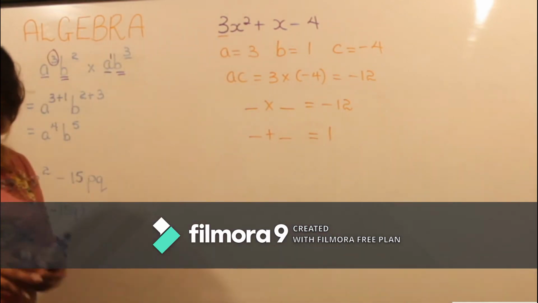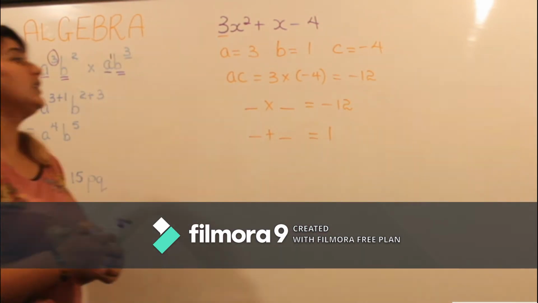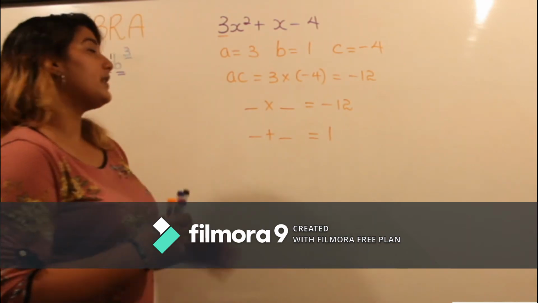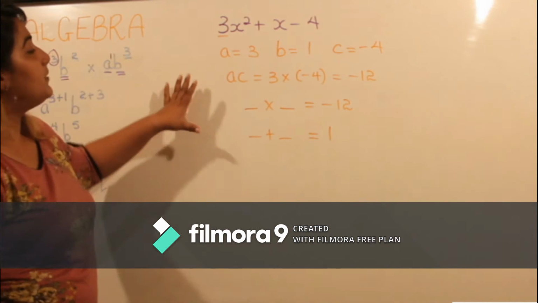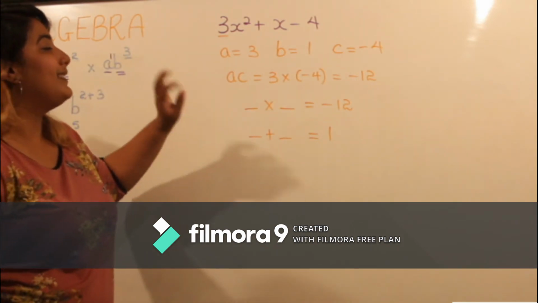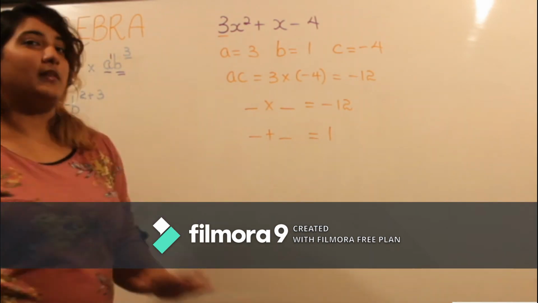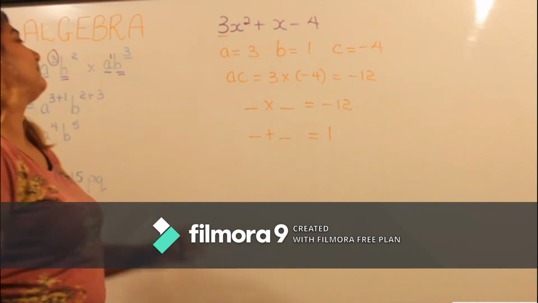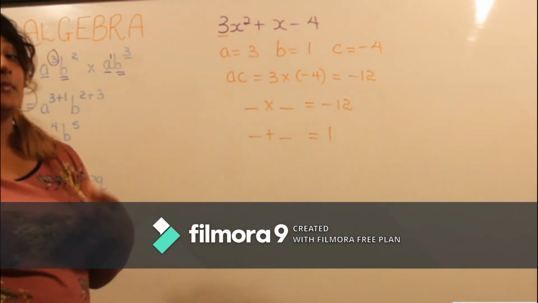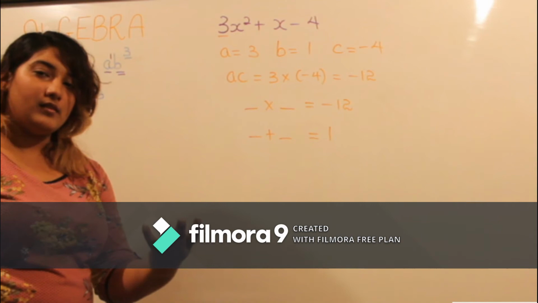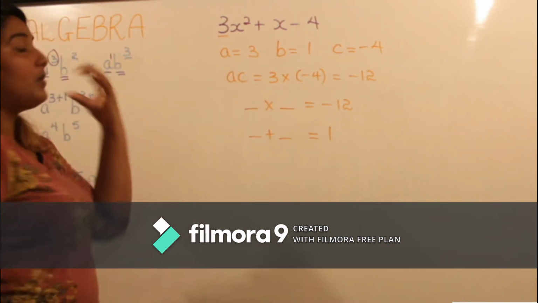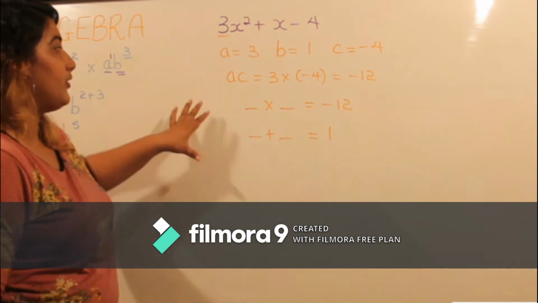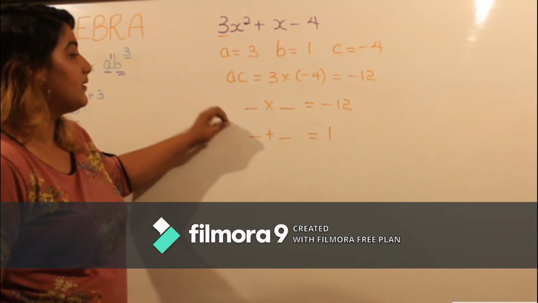Now, some of you who never really fully understood the concept might think, okay, you tell me to do X, Y, Z, but what am I essentially doing? When you have factorization by grouping, you usually have 4 terms. And here, we only have 3. So what we're going to be doing here is figuring out which pair of factors we can use.